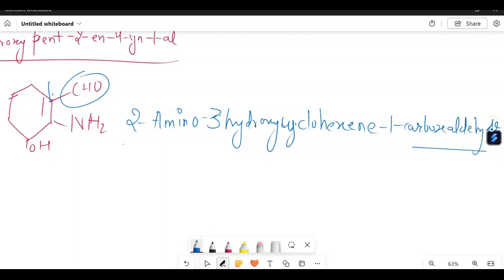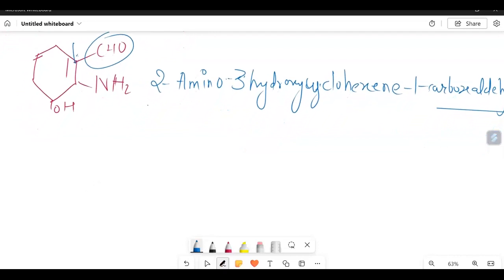Okay, so this is a great example, you can remember that. Another big example I am giving you. So there is this cyclo compound, double bonds like that.